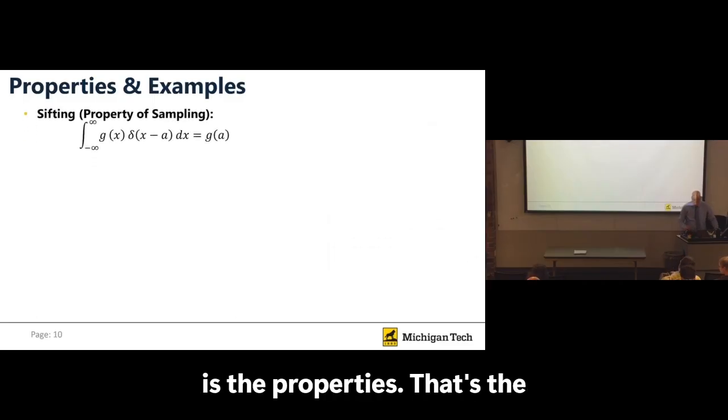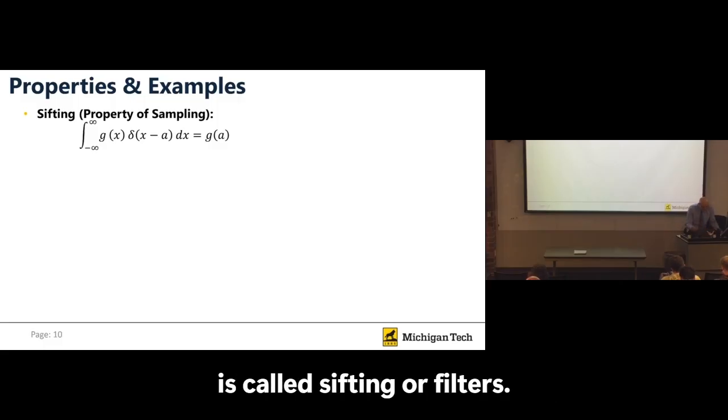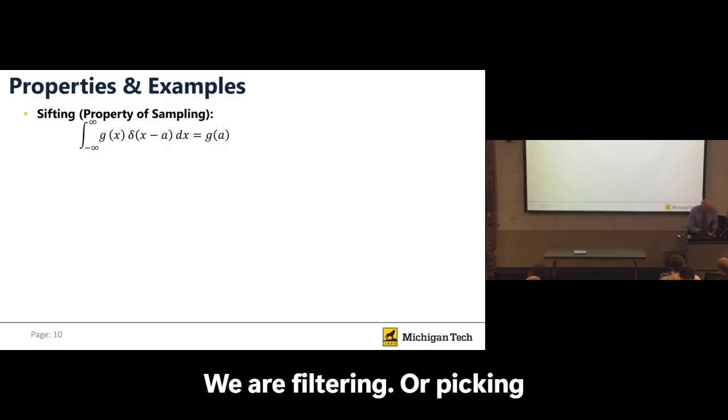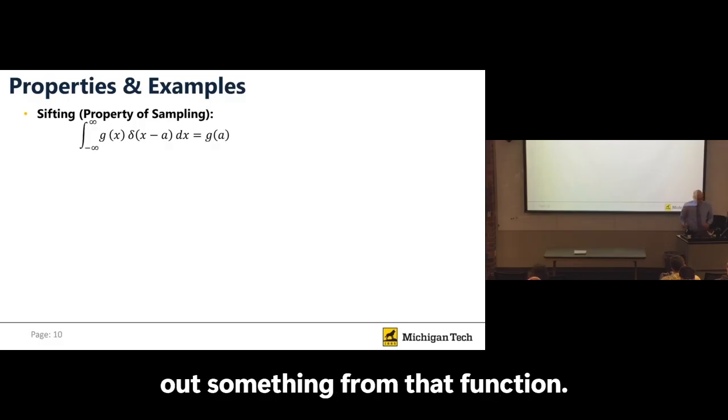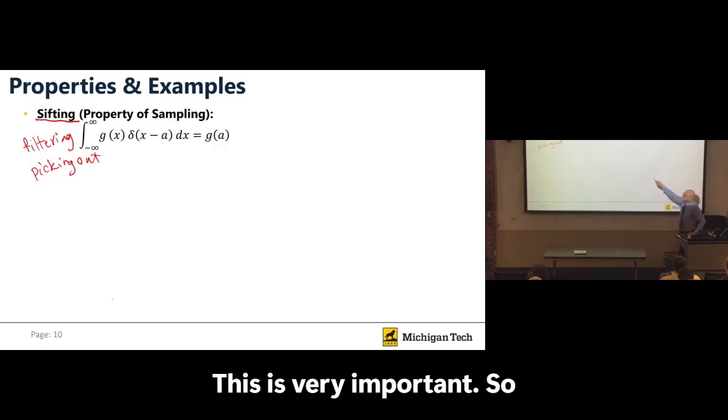This is the main property, called sifting or filtering, or picking out. We are filtering or picking out something from that function. This is very important.